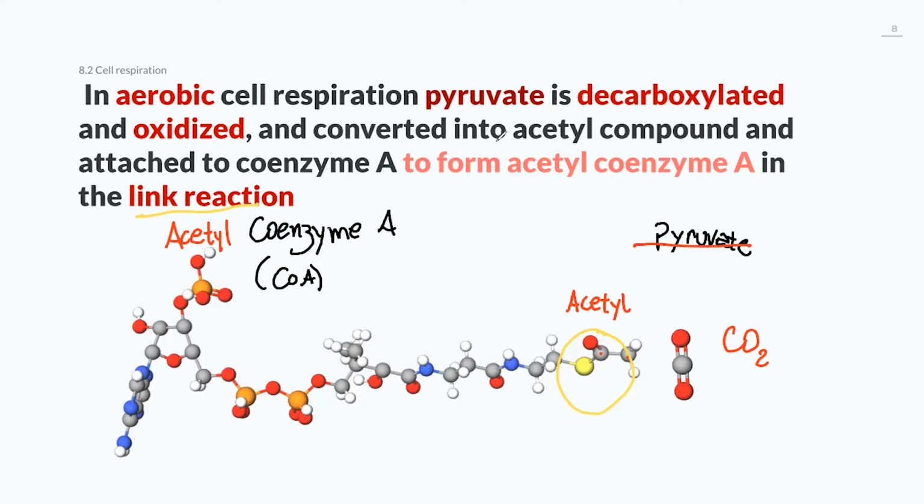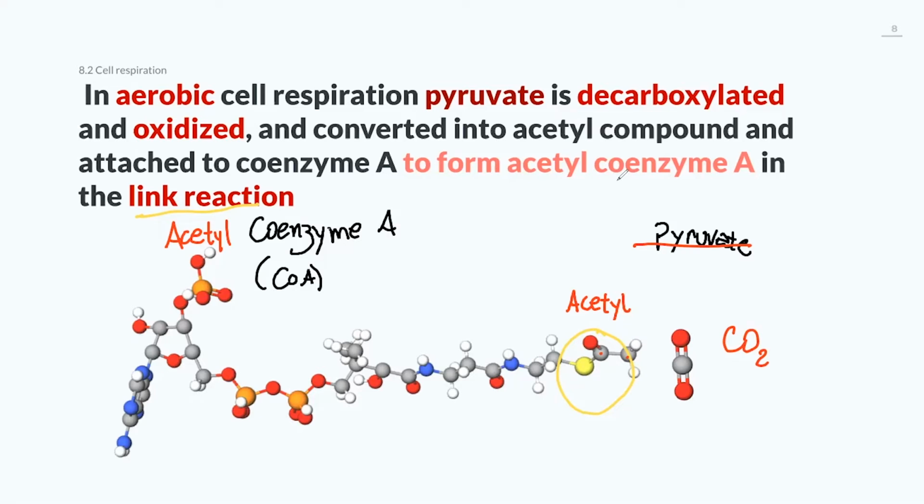When you consume fatty acids, when you are using fatty acids instead of glucose as a source of energy, of course, you're going to skip the glycolysis part. Fatty acids do not go through glycolysis, but they do go through reactions that will form acetyl coenzyme A from the long hydrocarbon chain.